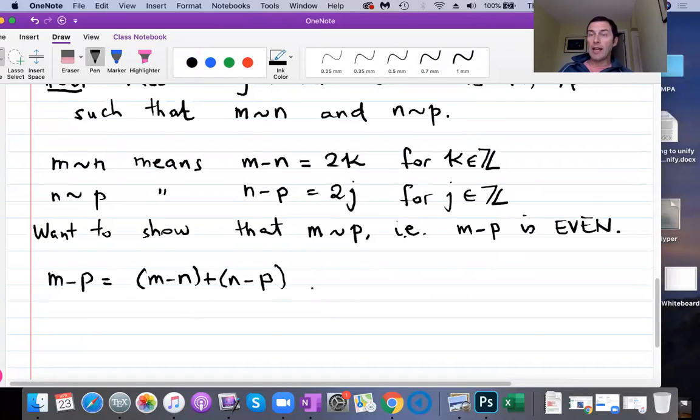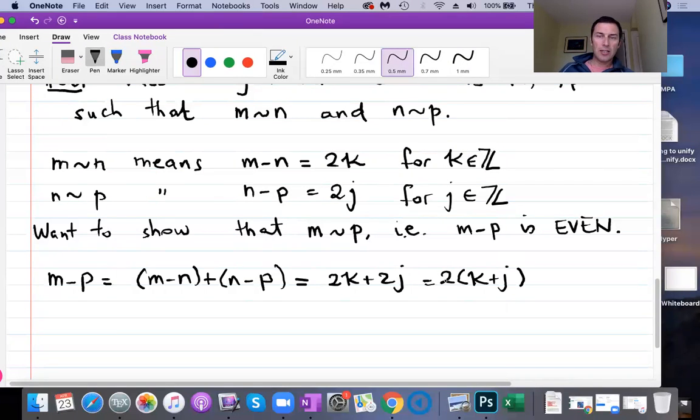Because the N in the middle cancels, which therefore is 2k plus 2j, which is equal to 2 times k plus j. And because k and j are both integers, then k plus j is an integer, so this is even. And so this proves the fact.